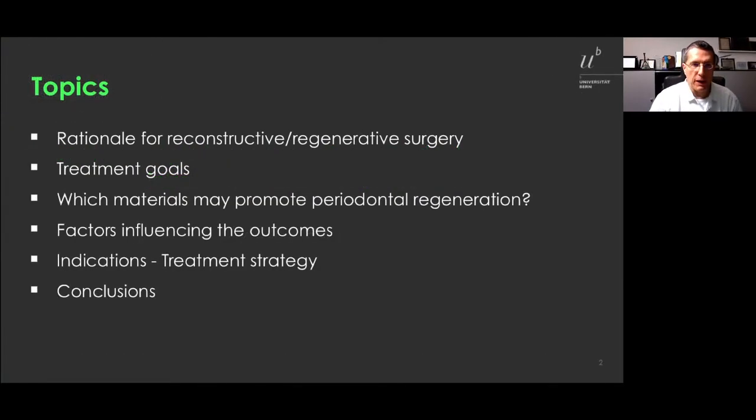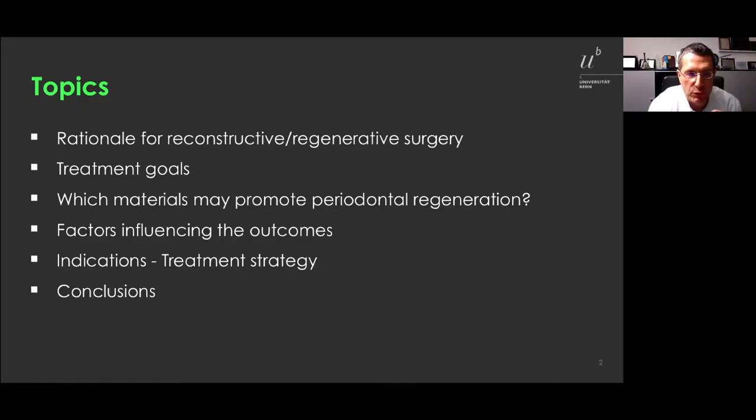And I will try to make a compilation of our evidence-based approach that we have elaborated on in the last 2 decades during my stay in different countries, now finally in Switzerland since more than 12 years.